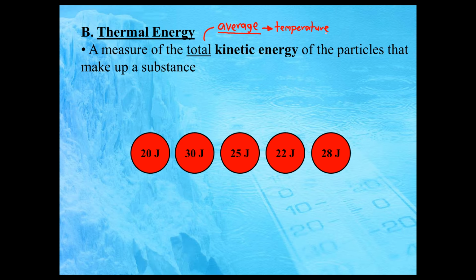And in the last lesson, in the example problem, we did a calculation where we determined what the average kinetic energy of the particles was. And I believe the way we did that is we added all those numbers together. So we went 20 plus 30 plus 25 plus 22 plus 28, divided by the number of particles. And what we got was our average kinetic energy.